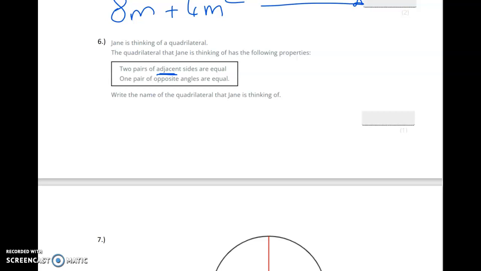So adjacent sides, that would be an adjacent side there, next to each other, 2 sides, and then there's another pair of adjacent sides. So we've got 2 adjacent sides which are equal, and 2 which are equal. And then 1 pair of opposite angles which are equal, so they're the same as each other. So what we've got, I think, is a kite.